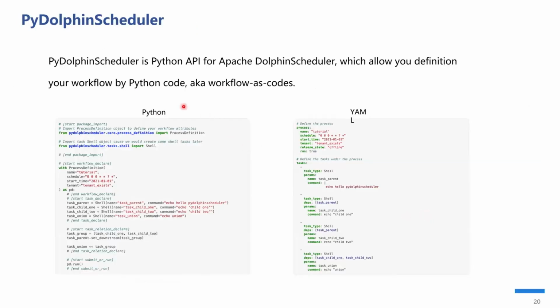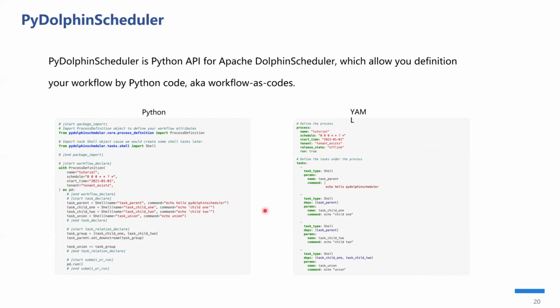Okay, the third category is about the as-code approach. Right now we support Python. Machine learning developers like to use Python, so you can write your Python code here. And also we support YAML. You can see the process name, the schedule time, and you can define the tasks.